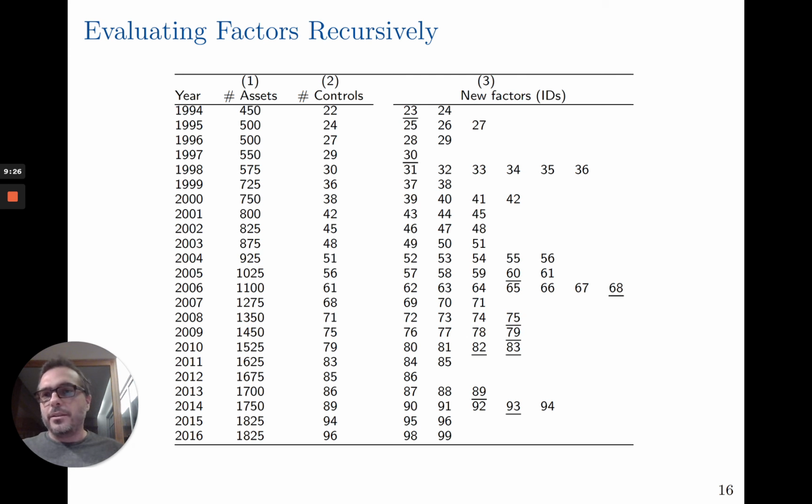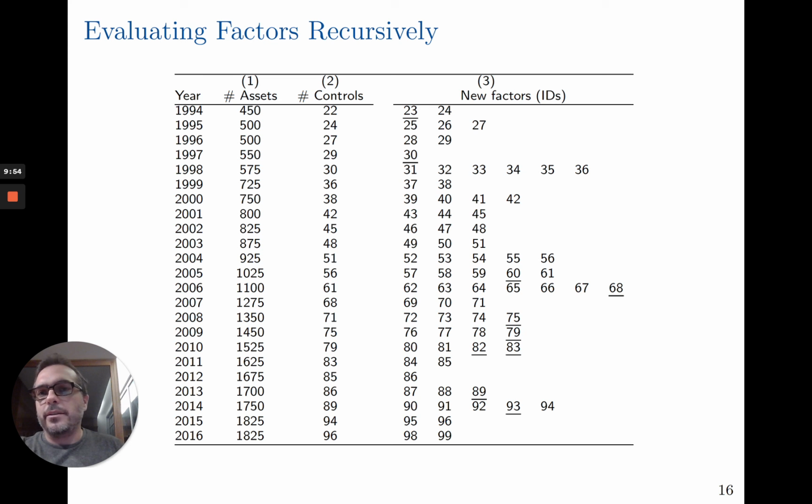So for 1994, there were 450 test assets. There were 22 controls already proposed in the literature, 22 factors. There are 2 new factors being proposed. Here you just have the numbers: 23 and 24. 24 is irrelevant, 23 is relevant.